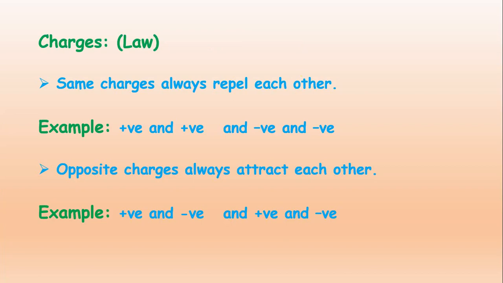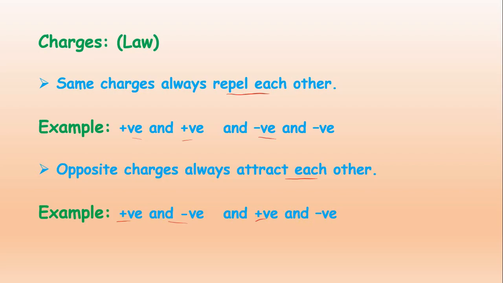Now what about charges? As we have discussed, same charges always repel each other. Like positive and positive will not attract, negative and negative will not attract. This is the same concept as in magnets, like north pole and north pole will not attract, south pole and south pole will not attract, but opposite charges always attract each other, like positive and negative will attract each other, like north and south pole will attract.